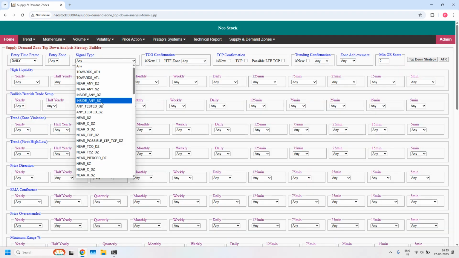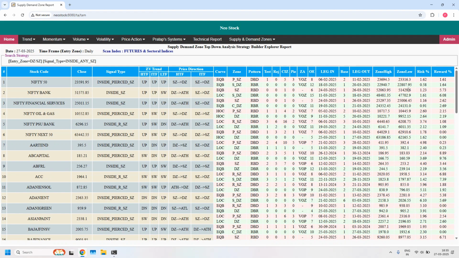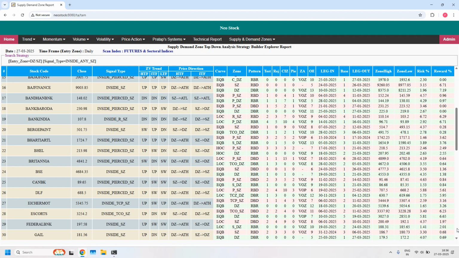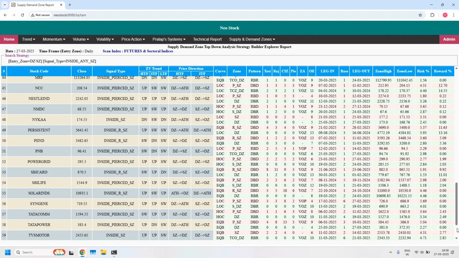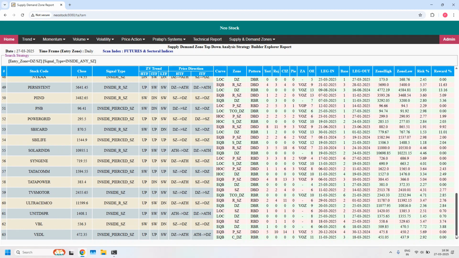Price closed inside the daily supply zone. First 15 stocks in the list. Scrolling the list down. So total 63 stocks are filtered.